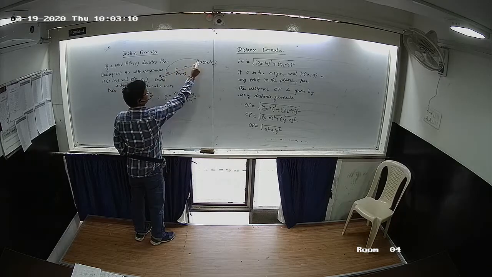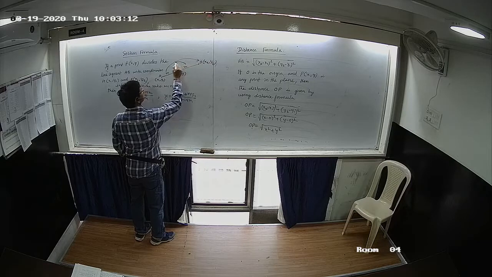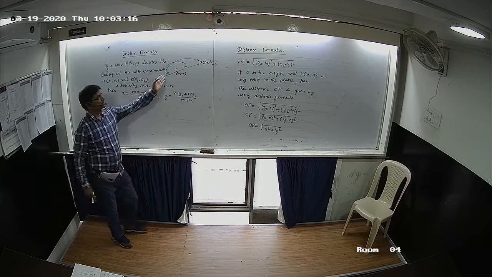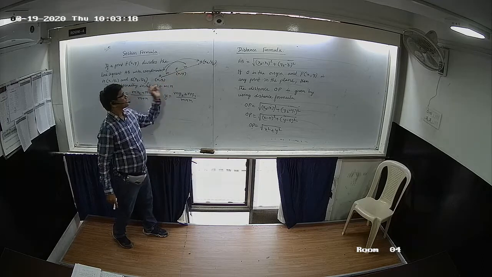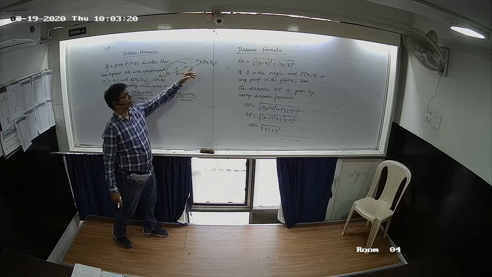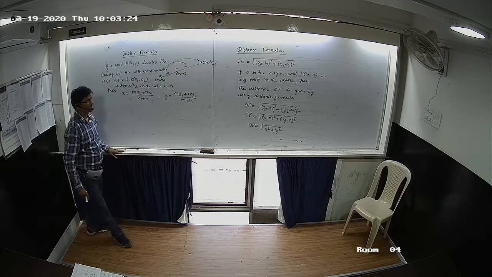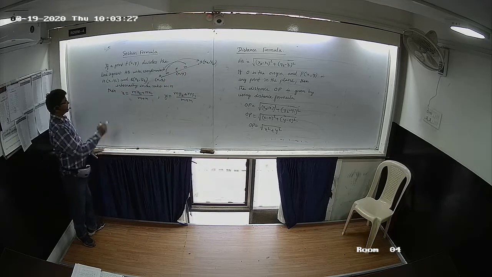This way, m into x2 plus n into x1 by m plus n, m into y2 plus n into y1 by m plus n.